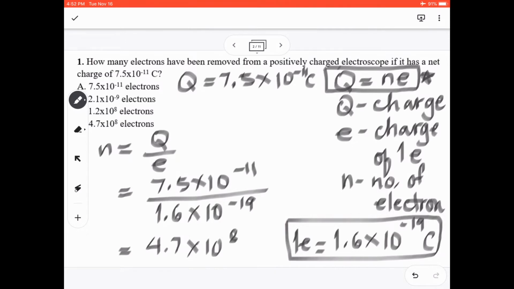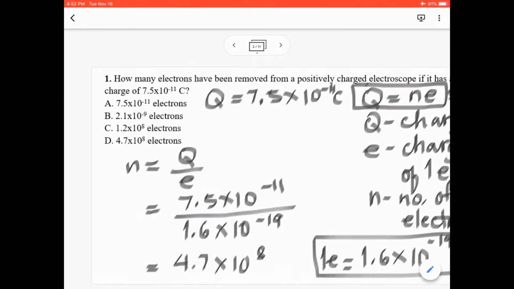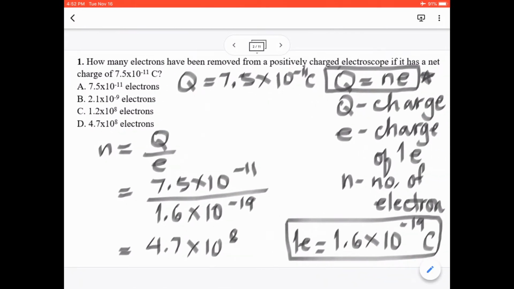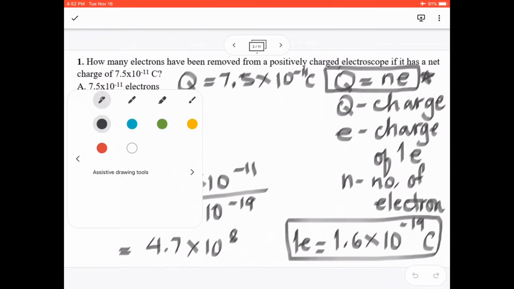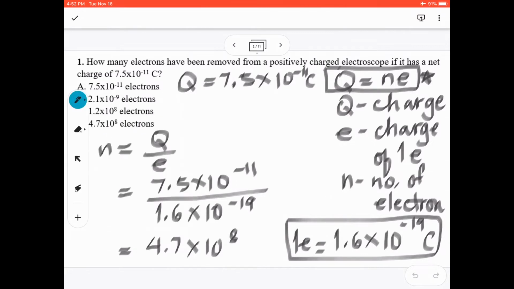So the answer for this question will be letter D. Let me just circle that. So this is our answer.